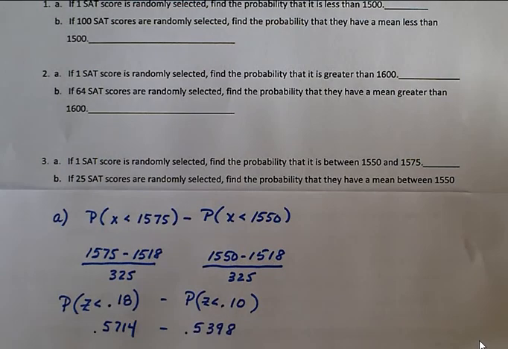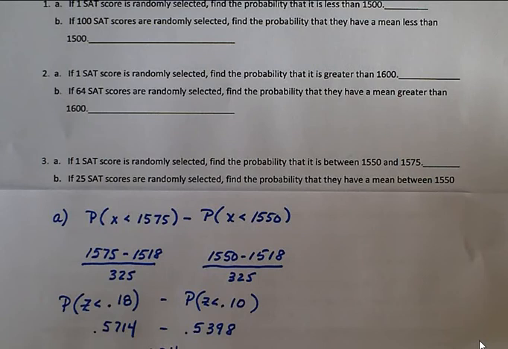Okay, and I'm going to subtract those out. So 0.0316. So I got a 3.2 percent probability of selecting someone between those SAT scores.